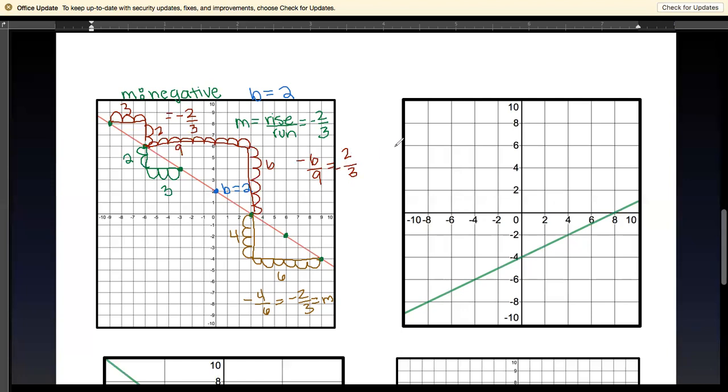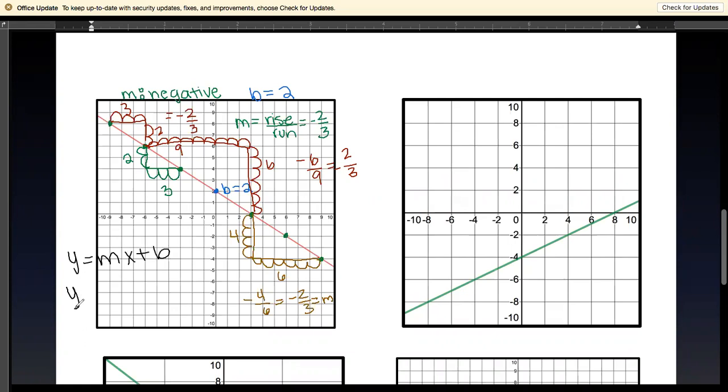So that goes back to just how to reduce fractions. So I'll show you how to reduce every time. Okay. So my slope is -2/3 and my y-intercept is 2. So remember my equation is in the form of y equals mx plus b.